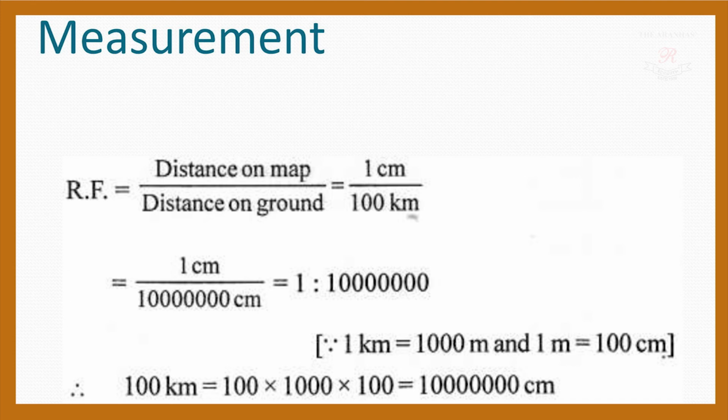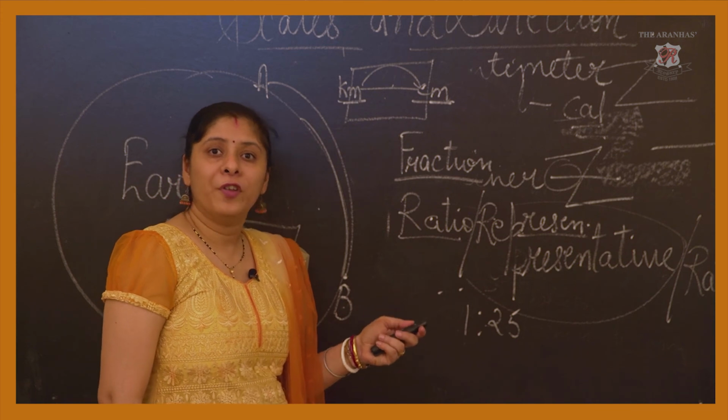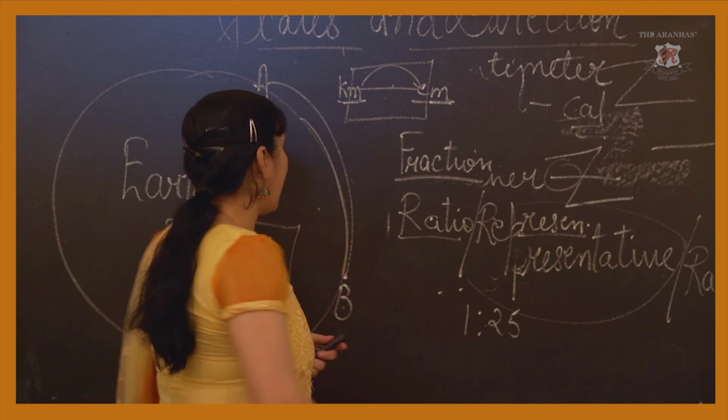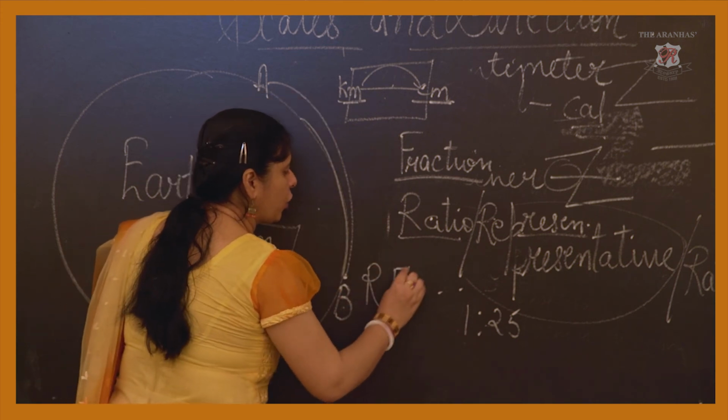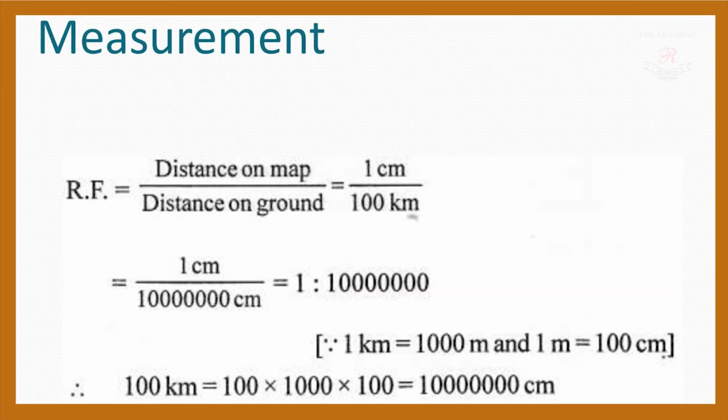This is the formula I have given, and that's why I got this centimeter value. So the ratio is this, 1 to this one. So please learn the formula by heart: RF, the representative fraction, is the distance on a map divided by the distance on the ground.